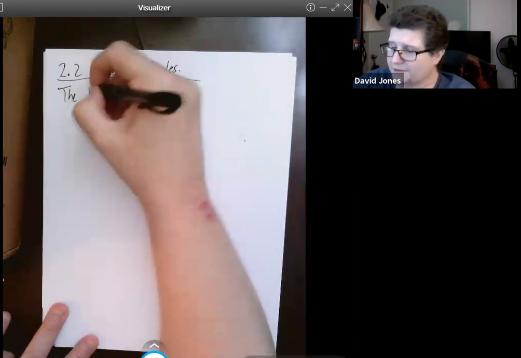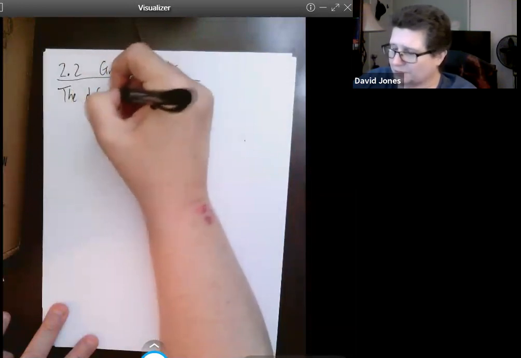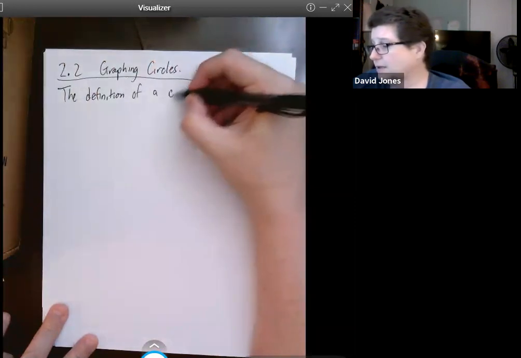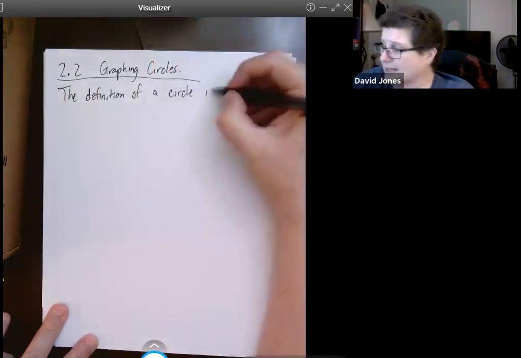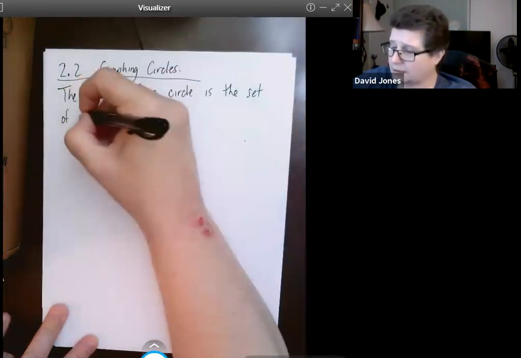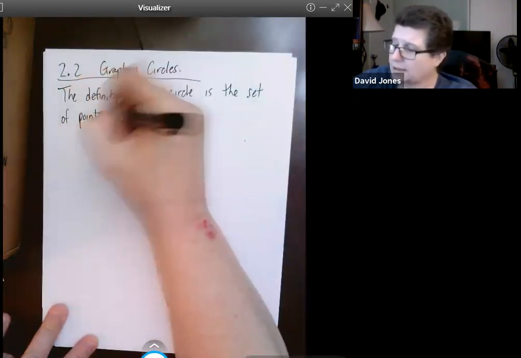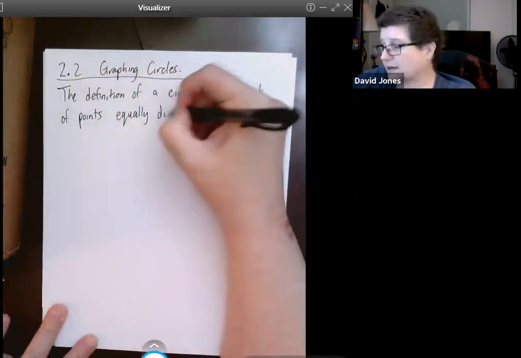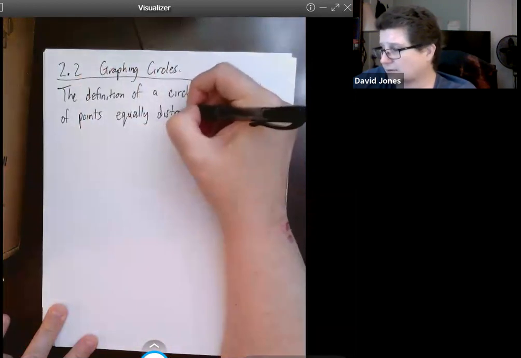Everyone can picture a circle, but the definition of a circle is the set of all points equally distant, we often say equidistant, from a central point.